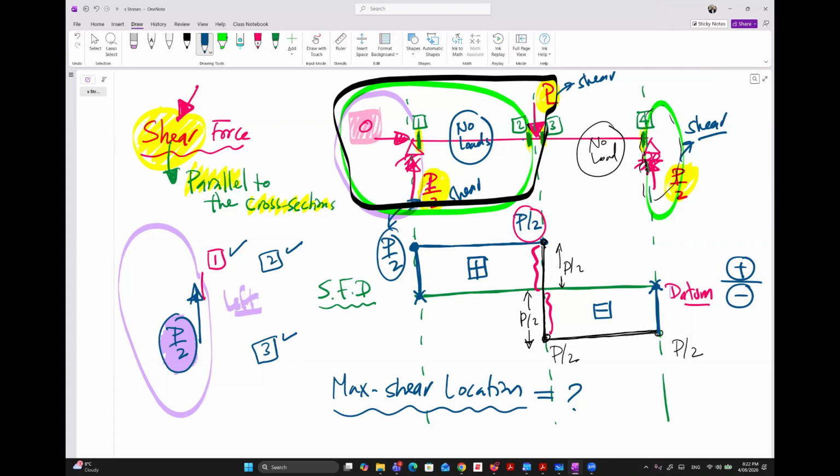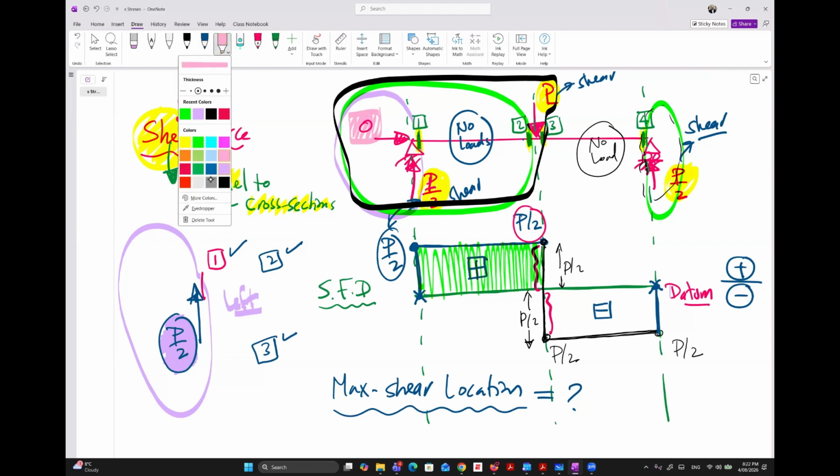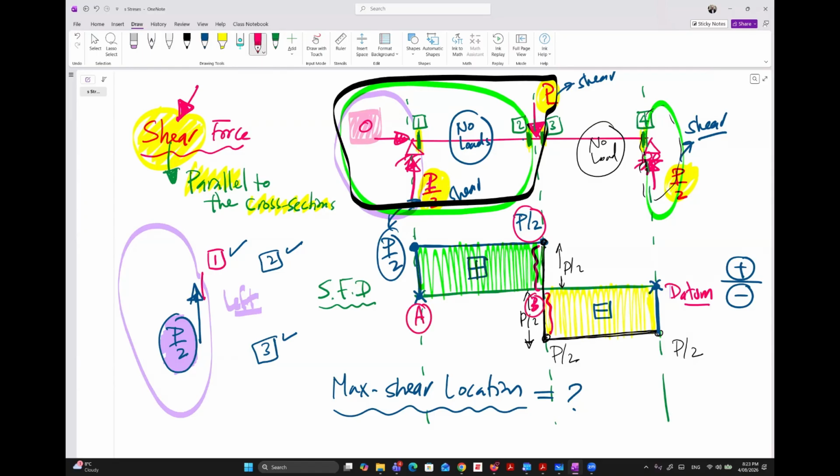Why in the middle? If I color it for you, we have this part, right? And what else? This part, right? So where is the maximum shear location? Between 1 and 2, or between A and B. Yeah, correct, because all of this has the same value of shear, b over 2, right?